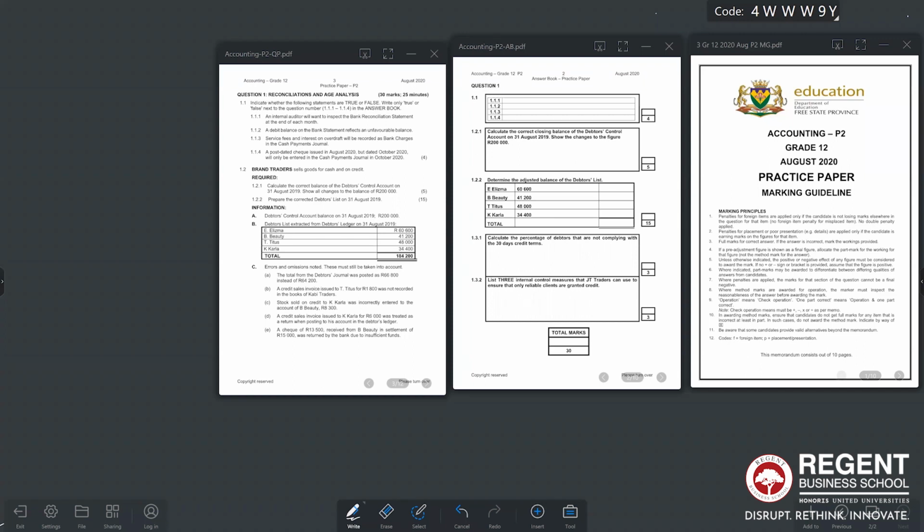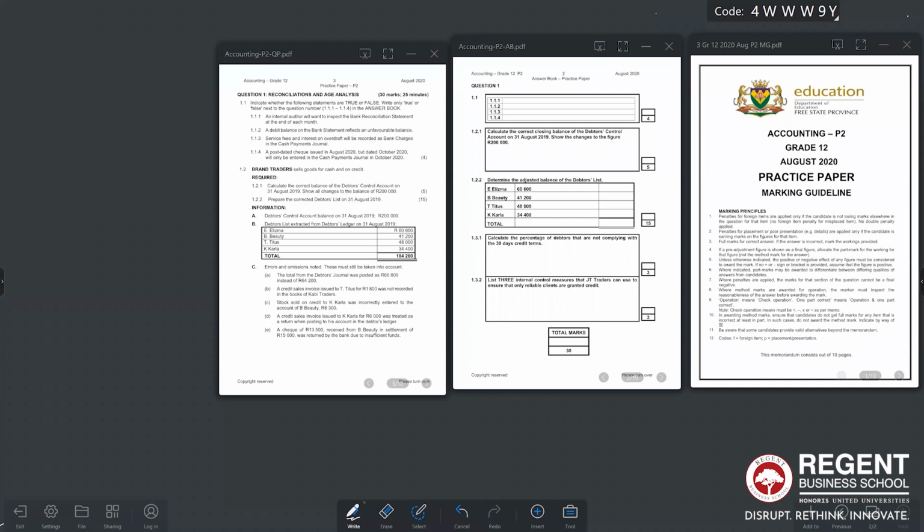They want you to calculate the correct balance of the debtors control account on the 31st of August, and then show all changes to the balance of 200,000. So basically, in my writing paper, they gave you the closing balance of the debtors control account.